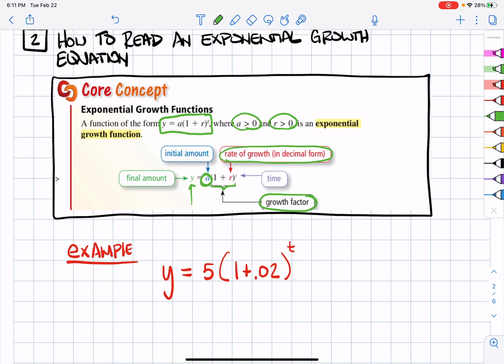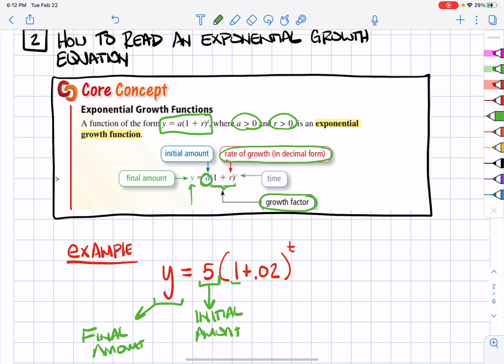If I have y is equal to 5 times 1 plus 0.02 raised to the t, let's identify everything we're working with here. Whatever we get on this side is going to be our final amount. The 5 represents our initial amount, how much we're starting with.